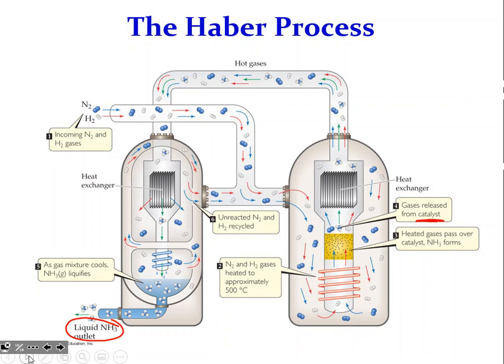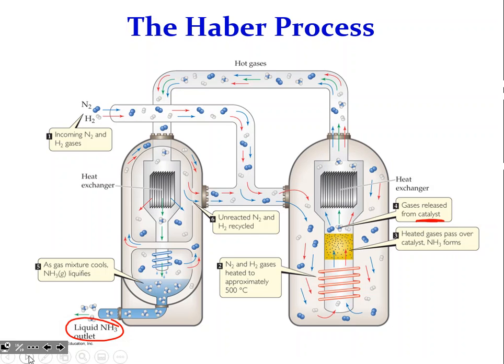So reactions that have equilibrium positions, because they don't go to completion, they go to an equilibrium position. Some of these components are needed and have to be generated in factories, in industry, and they use LeChatelier's principle to adjust it to keep getting the output that they want.